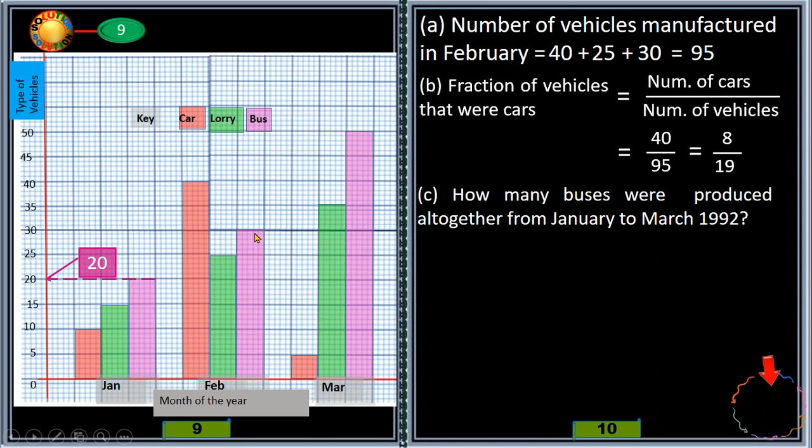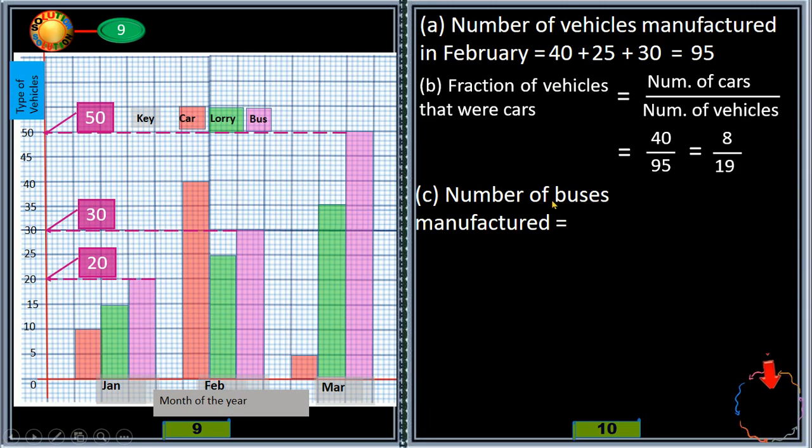The same thing we're going to do here, the number of buses produced in the month of February, if you follow that to the axis for the types of vehicles, is 30. The same thing here, the number of buses produced in March will give us 50. So now the question is how many buses were produced from January to March 1992.